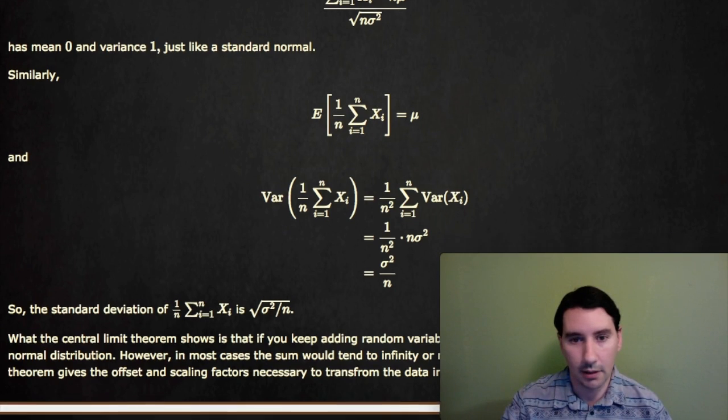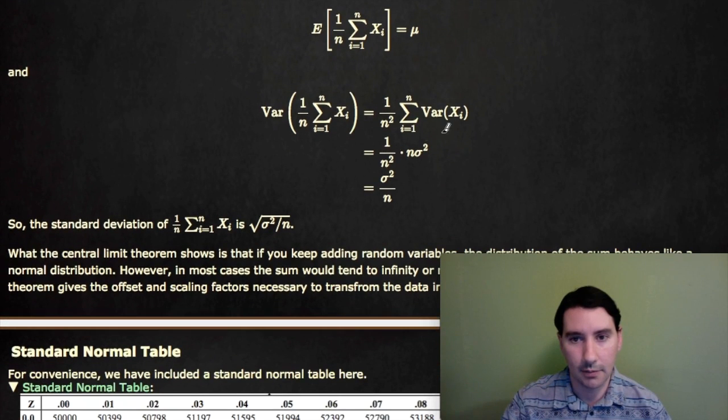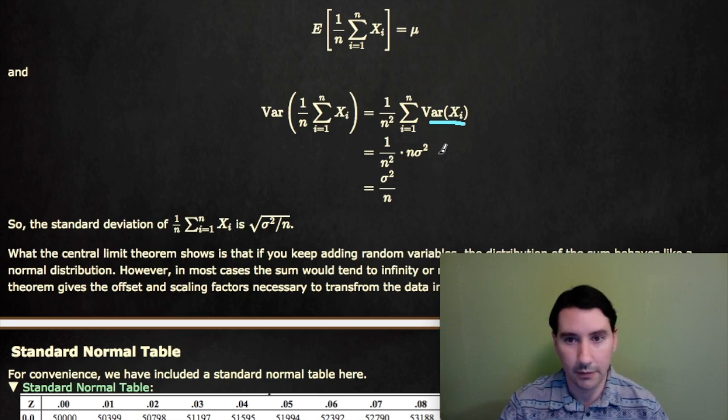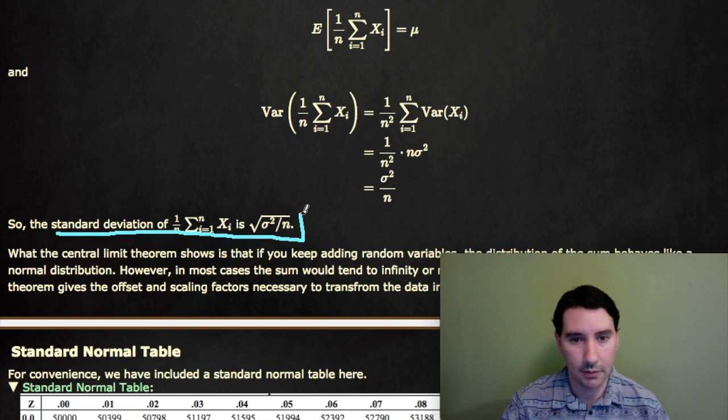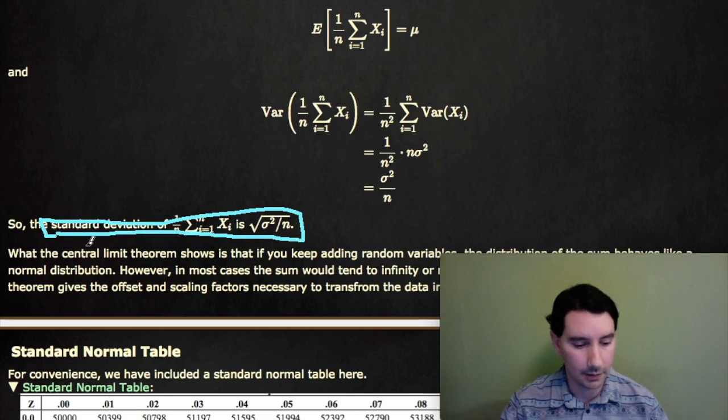Similarly, for the variance, the 1 over n is a constant that becomes squared, so it's 1 over n squared, times the sum from i equals 1 to n of the variances of the xi's. Then this is 1 over n squared times n sigma squared, because there are n of these variables, all with variance sigma squared, and the n cancels, so we get sigma squared over n, which means the standard deviation of the running average is the square root of sigma squared over n.